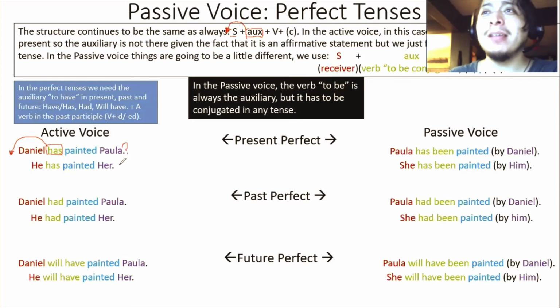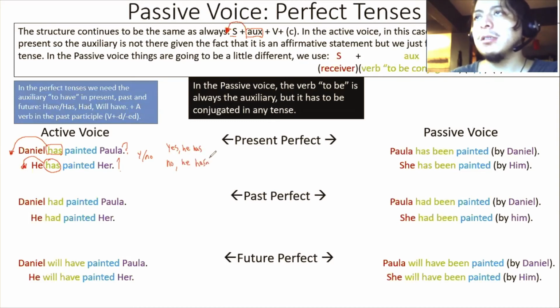Has Daniel painted Paula? Has he painted her? This is a yes or no question. The only possible answer is yes, he has, or no, he hasn't.